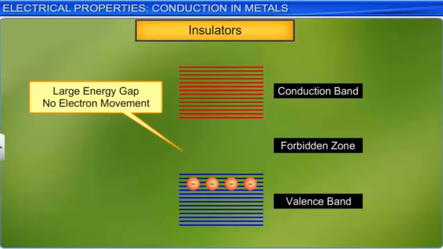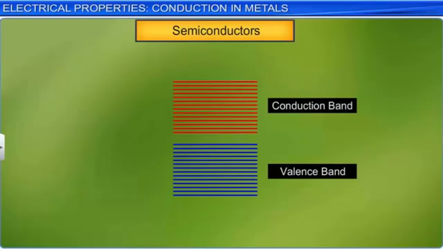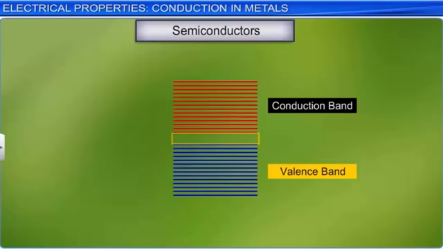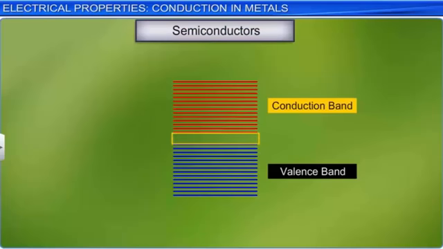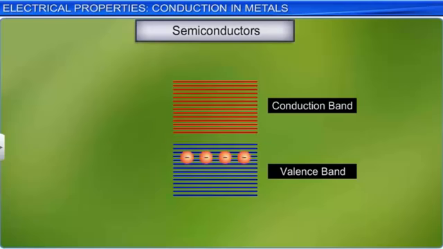In semiconductors, the energy gap between the valence band and the conduction band is smaller than in insulators. The thermal energy available under ordinary conditions is sufficient to excite some electrons from the valence band to the conduction band.